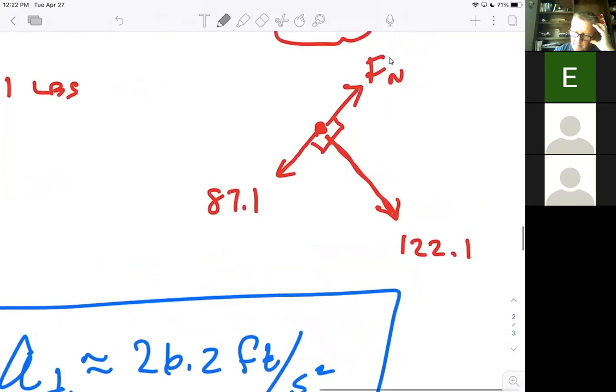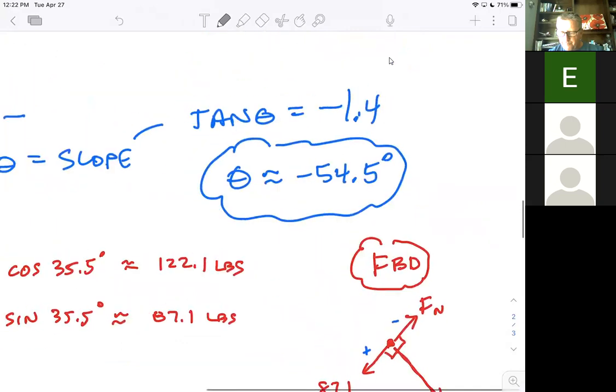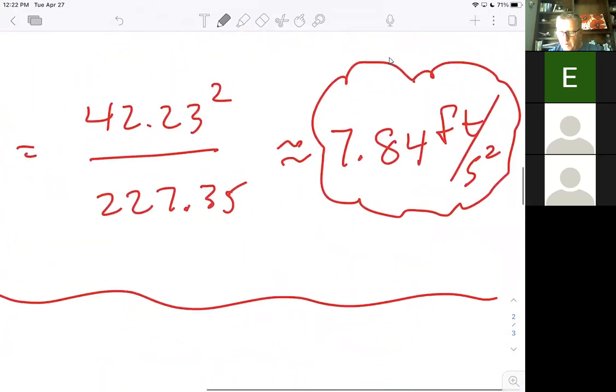I want to say this is positive and this is negative. Do you agree with that? Or does it not matter? It shouldn't matter as long as you're consistent. Yeah, I think you're right about that.